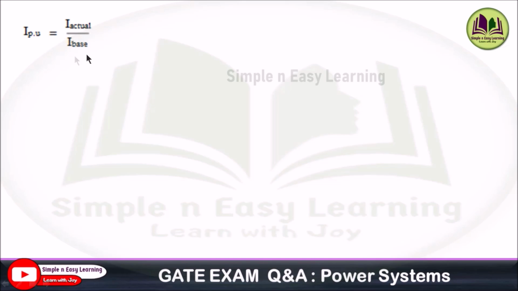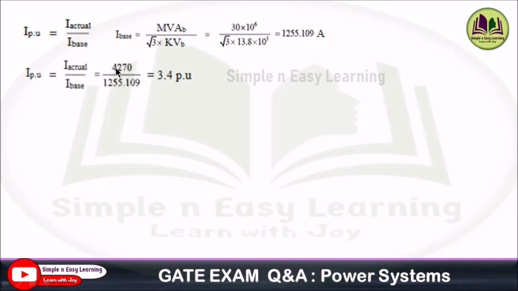Base current can be estimated using the formula MVA base divided by root 3 into kV base. Substituting the values given in the problem: 30 into 10 power 6 divided by root 3 into 13.8 into 10 power 3. You will get I base equal to 1255.109 ampere. Now the actual value is 4270, given in the problem. Divide by the base value, and it gives you 3.4 per unit.